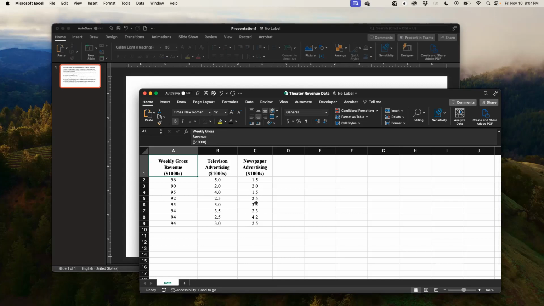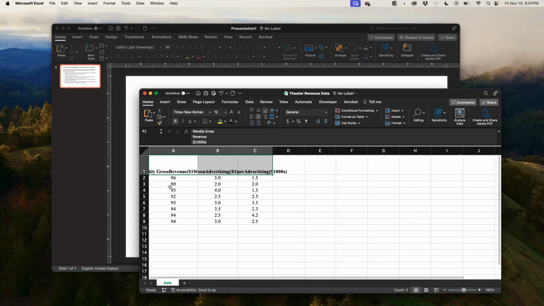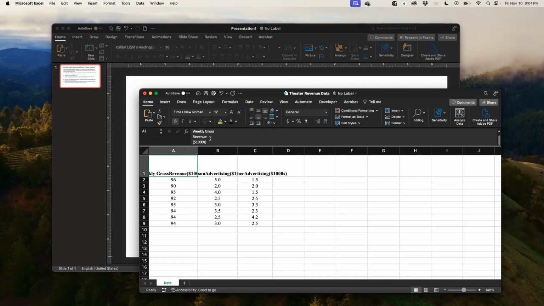So what I'll suggest we do is, first off, highlight all three and turn off the wrap function. Once we do that, we can come here and change the name, just say weekly revenue. And then this, the television wasn't spelled correctly.